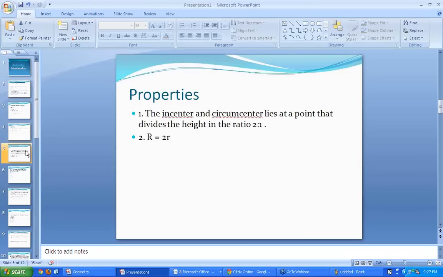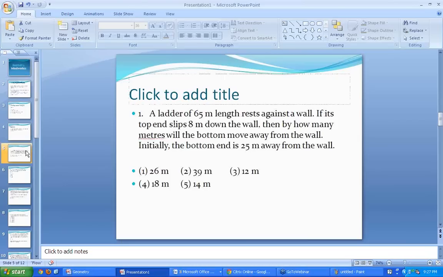Now we come to some good questions on triangles. First question is in front of you. The concepts, whatever I have told you, we will be using here. Please have a look, try solving it. Maybe in the next class I will touch upon more important points.